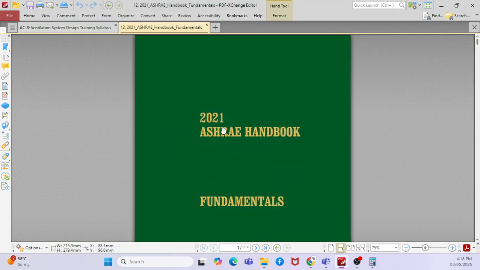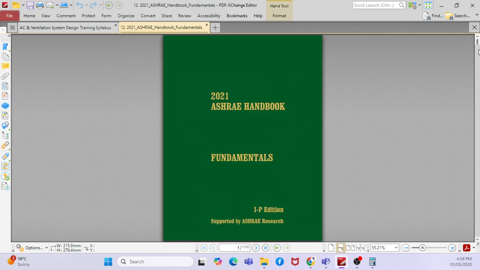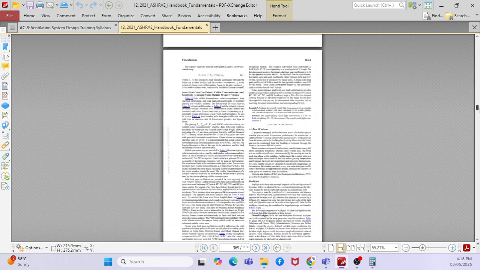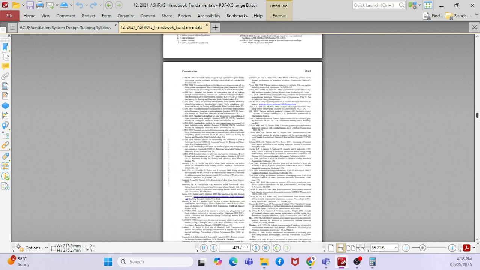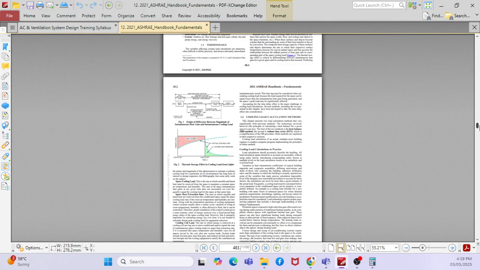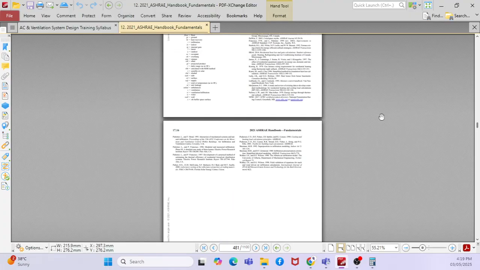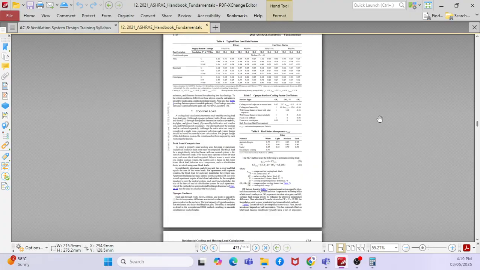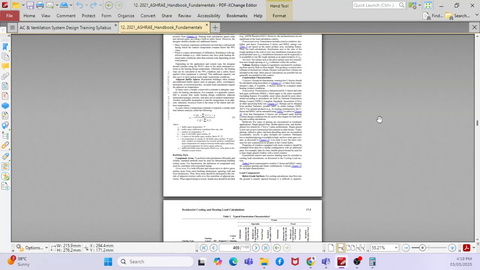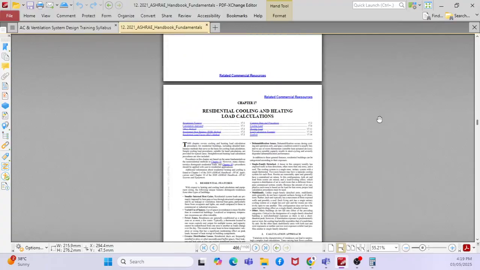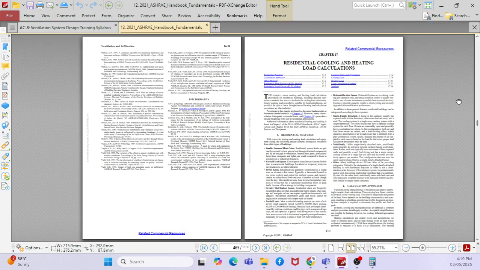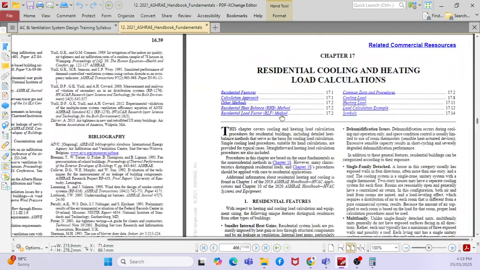If you go to ASHRAE Fundamentals, ASHRAE 2021, and go to chapter 17, here it is given: residential cooling and heating load calculations.